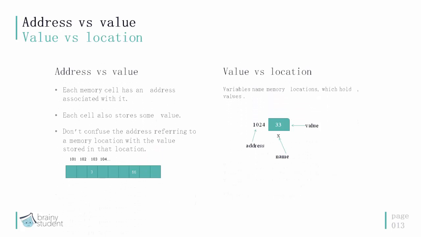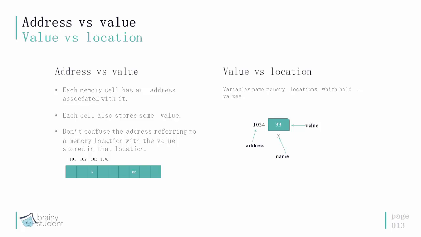Now let's clear that with the help of some proper diagrams also. Address versus value and value versus location. Each and every memory cell has an address associated with it. Each cell also stores some value. Don't confuse the address referring to a memory location with the value stored in that location.